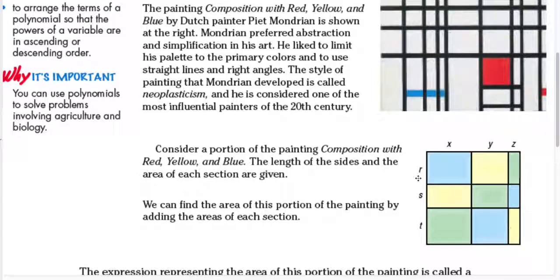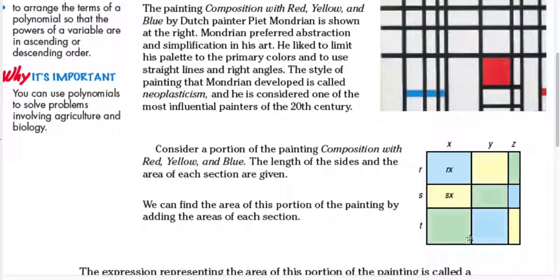Okay, so the area of this blue rectangle will be the product of width R and length X. So if you multiply R times X, that'll give you Rx. The area of this beige rectangle will be the product of width S and length X, which is Sx.